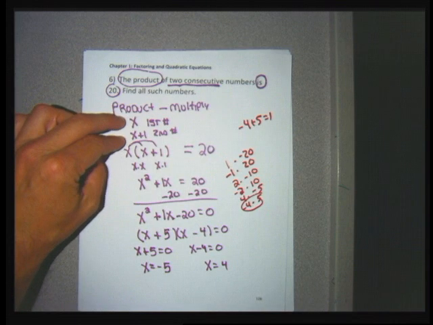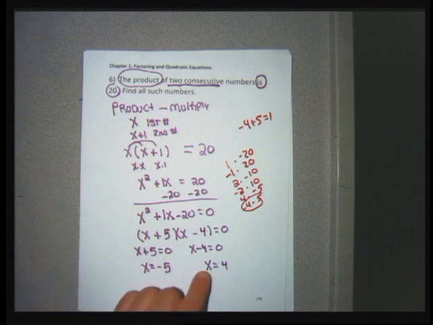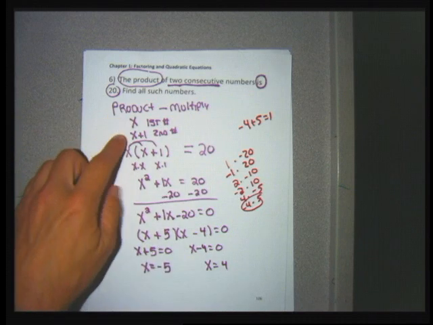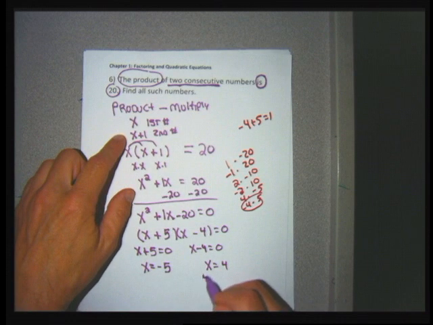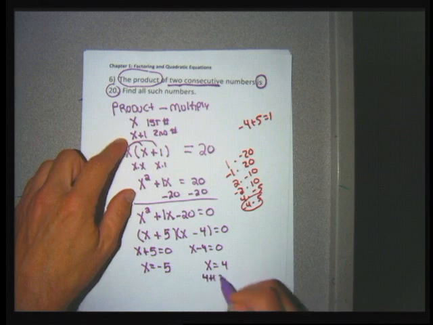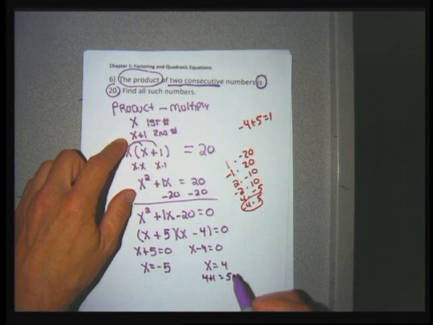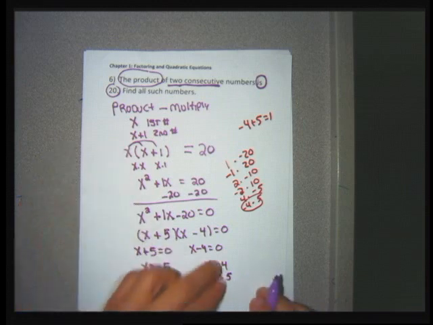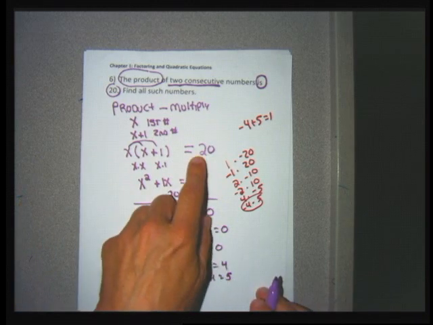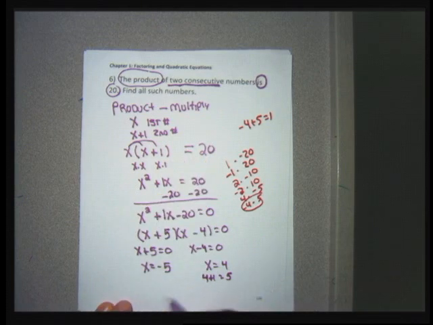And so what I need to do is, for the 4, that's the first number, I need to add 1 to it, and 4 plus 1 being the second number, which is 5. So one pair of numbers, 4 and 5 are consecutive numbers. They're next to each other, and if you multiply 4 and 5, you get positive 20. So one of my answers to this needs to be the numbers 4 and 5.